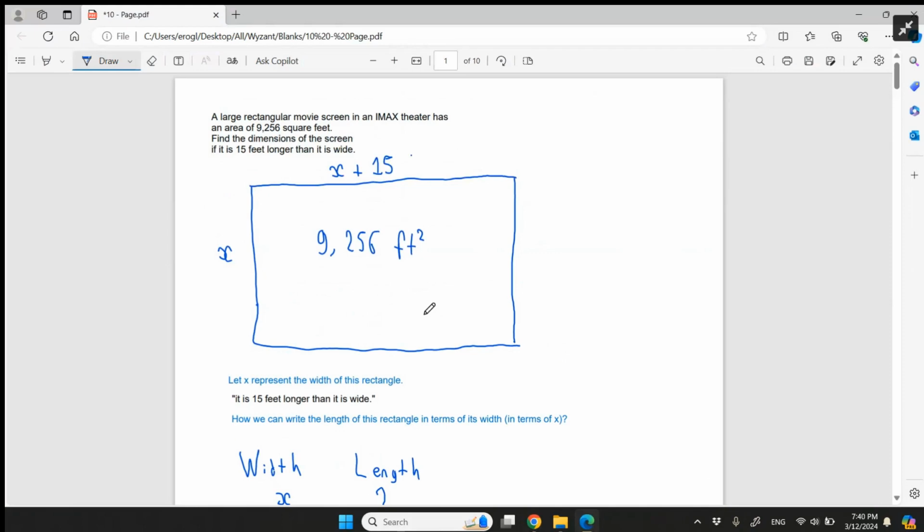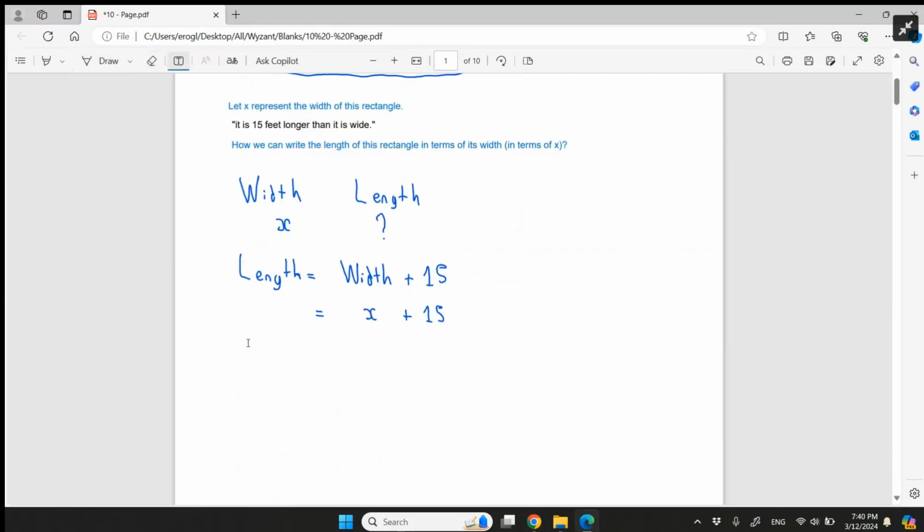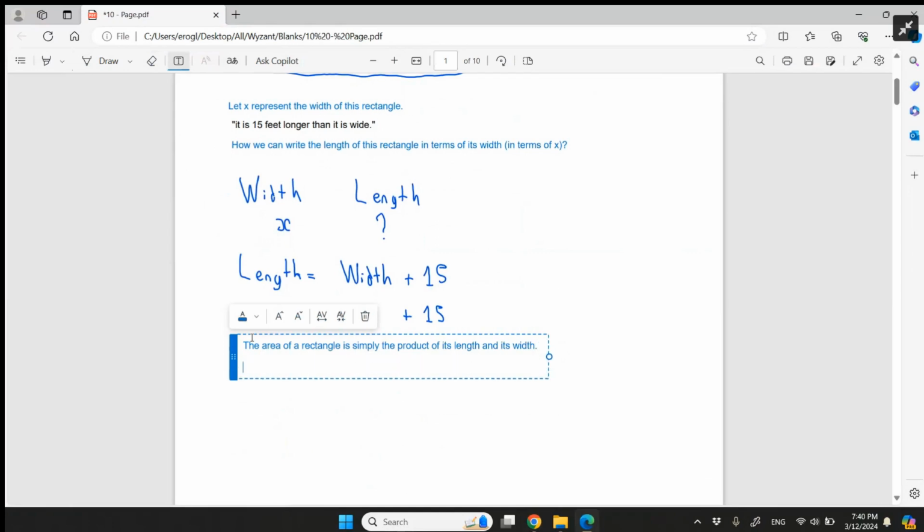Now, how do we relate this to the area? Recall that the area of a rectangle is simply the product of its length and its width. That is, the area of a rectangle is equal to the length of the rectangle times the width of the rectangle.